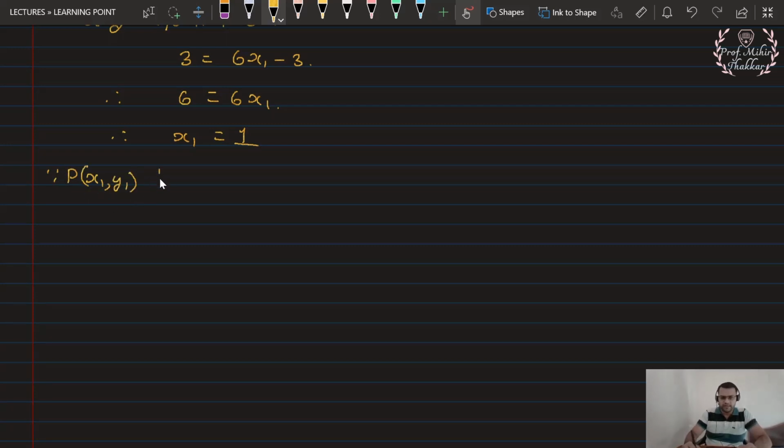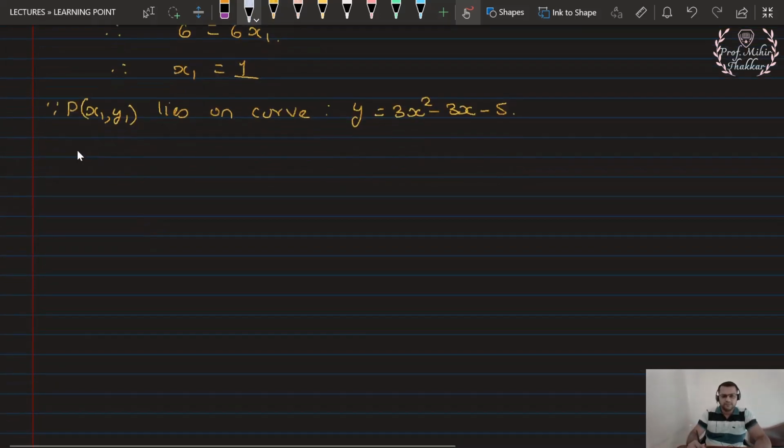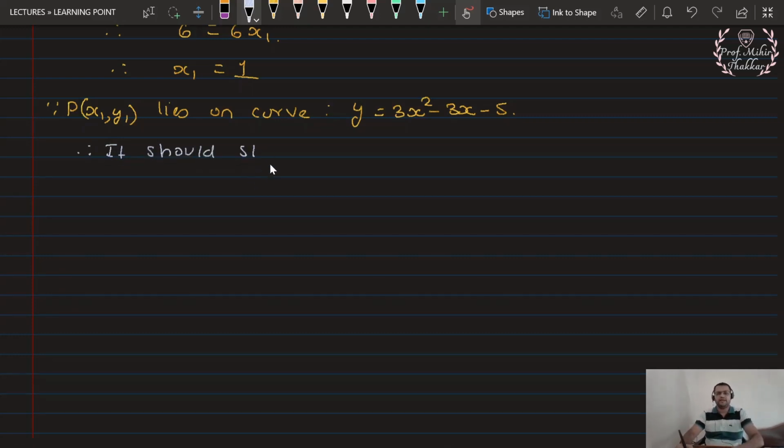Since P(x1, y1) lies on the curve y is equal to 3x square minus 3x minus 5, therefore it should satisfy the equation of curve.